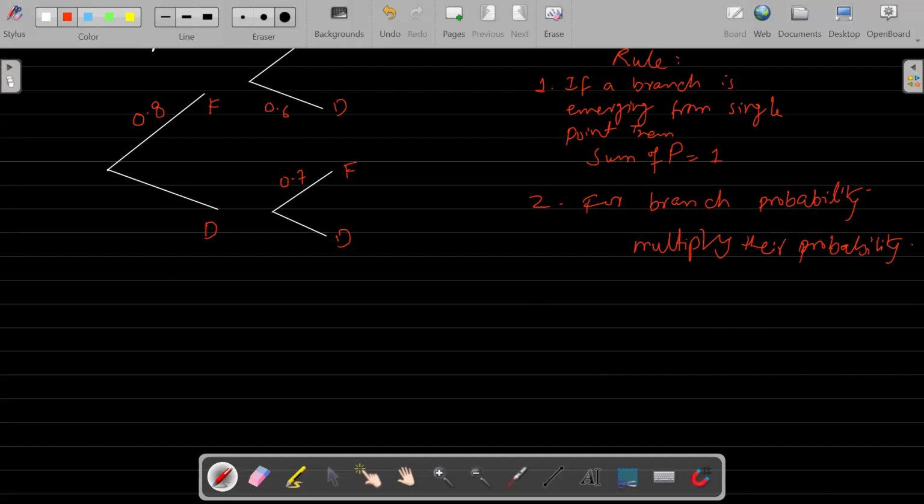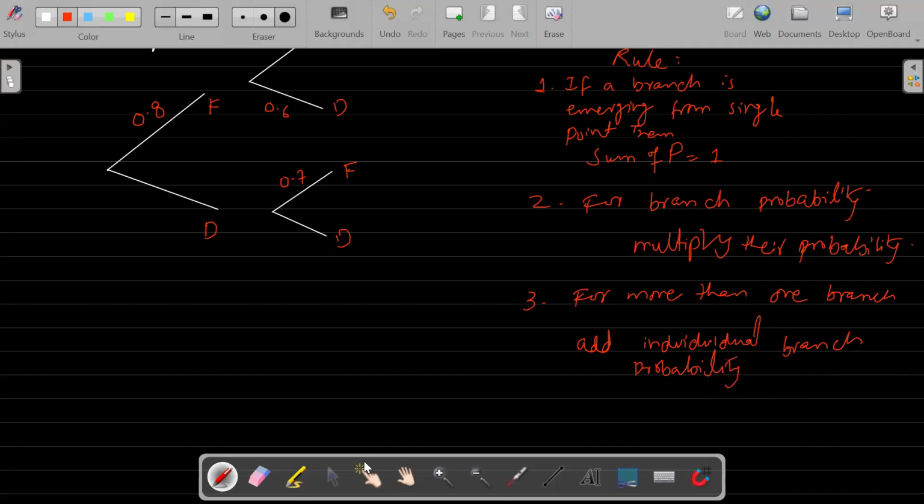Same way, if we are having more than one branch, then we are going to add the individual branch probabilities. I will explain this to you.